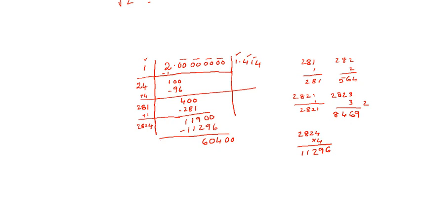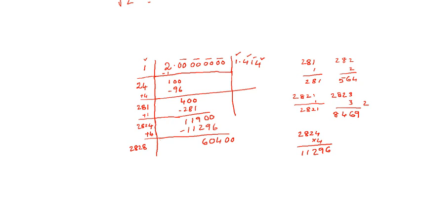In this manner, if you proceed to find the square root of 2. Now what is the quotient here? 4. So here you add 4. Then again what you get? 2, 8, 2, 8.